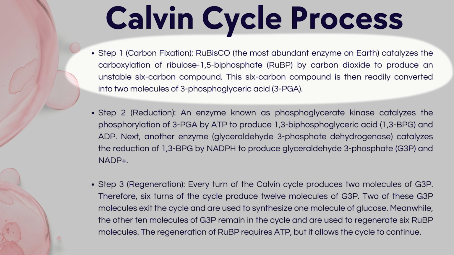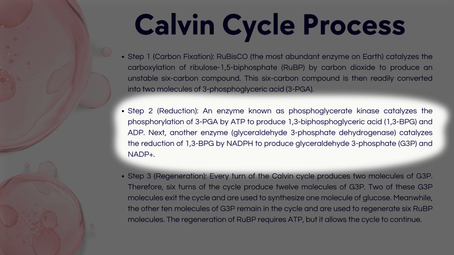The second step is the reduction. An enzyme known as phosphoglycerate kinase catalyzes the phosphorylation of the 3-PGA by ATP to produce 1,3-bisphosphoglyceric acid, or 1,3-BPG, and ADP.